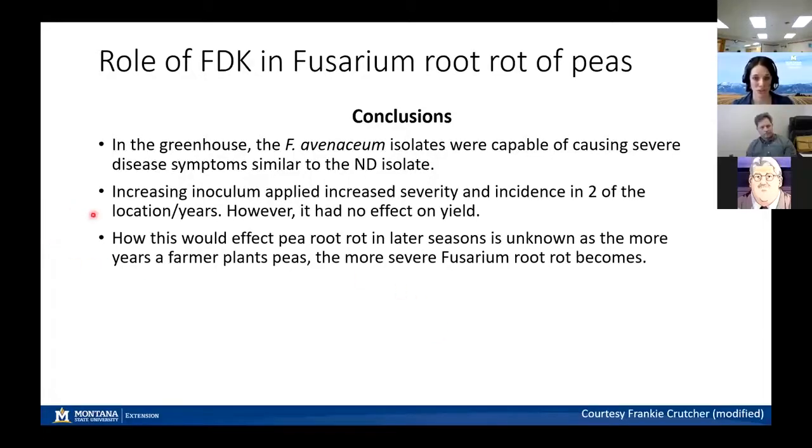And she did observe that increasing the inoculum, so the amount of Fusarium diseased kernels in the field, increased severity and incidence of field pea root rot in 2 location years in the study.